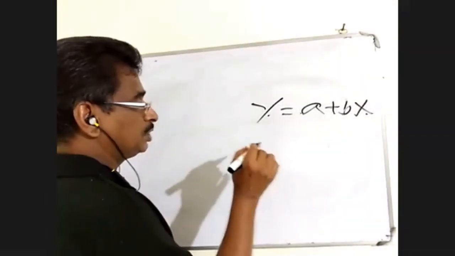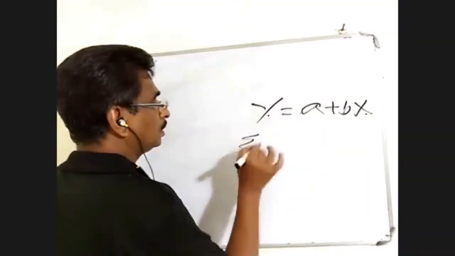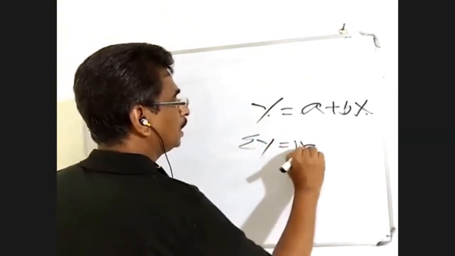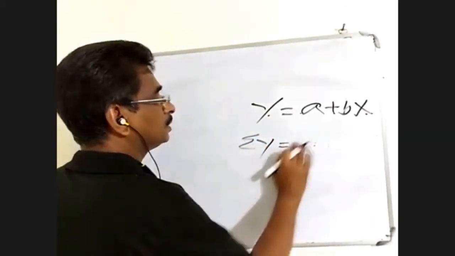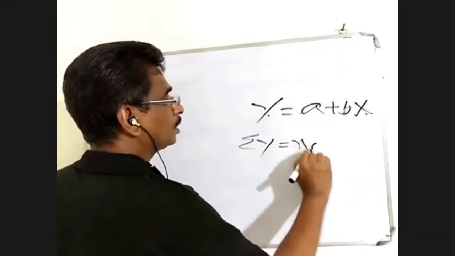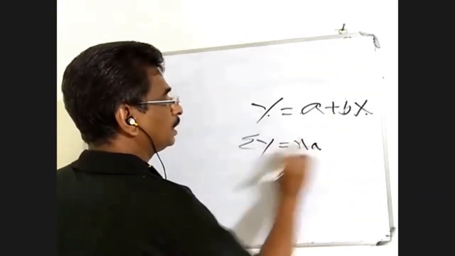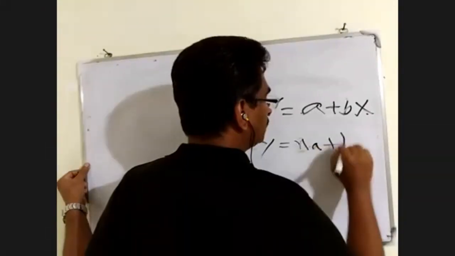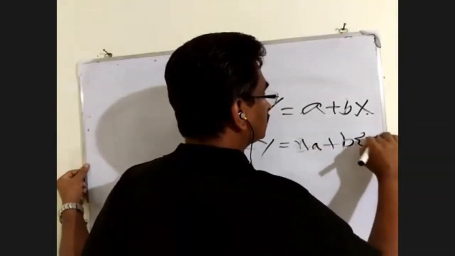The normal equations are sigma y is equal to Na plus b sigma x.